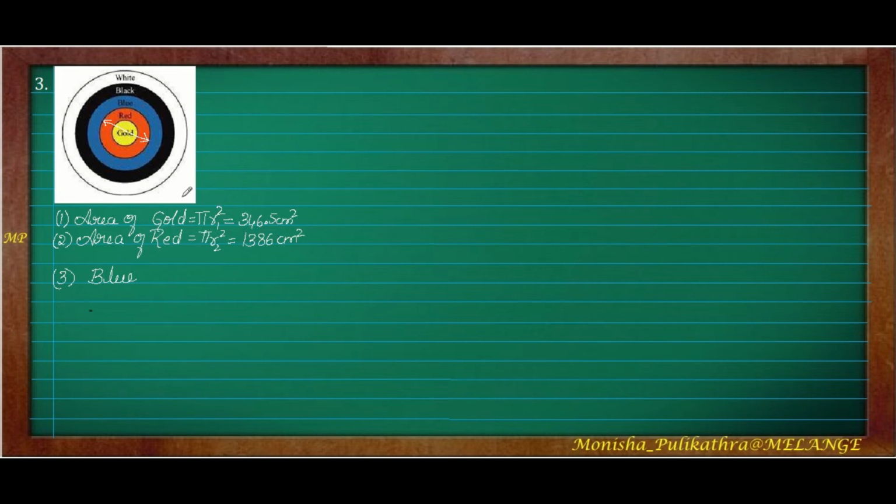But what we found previously was the subtraction of the whole red by the inside of the gold. But in order to find the area of blue, we have to find the area of the entire blue, from which we have to subtract this entire red. So this is pi r2 square, that is 1386 centimeter square.